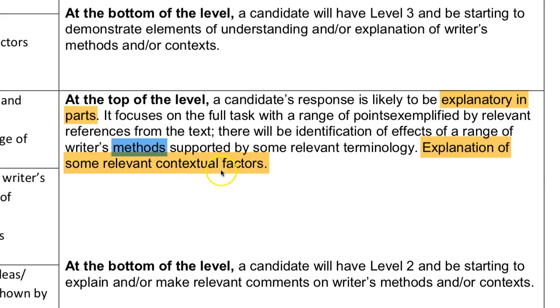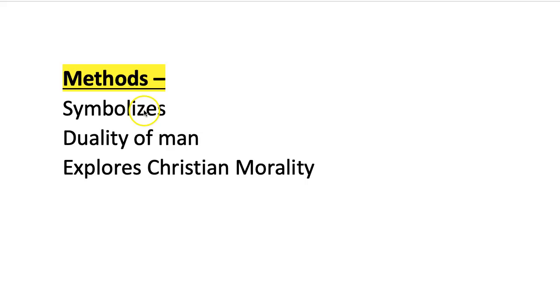I've always got to bring in some context to explain the writer's point of view. It will also always be about methods. Can I predict what those methods are? Yes, I can. Methods with Jekyll and Hyde will always mean these three things. I mean, it can mean a lot more, but if you just remember these three things, it's easy for you to get at least a grade 5.